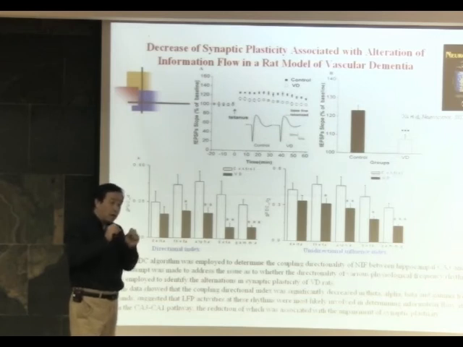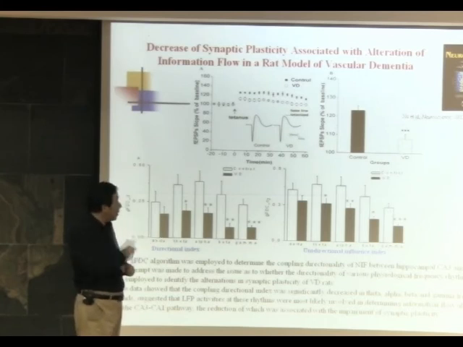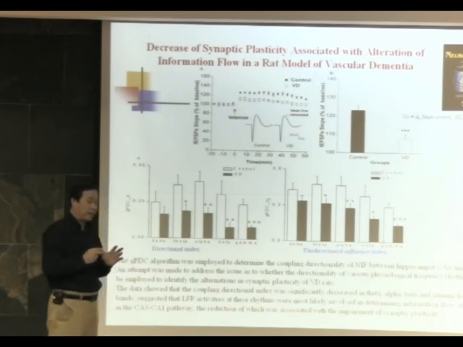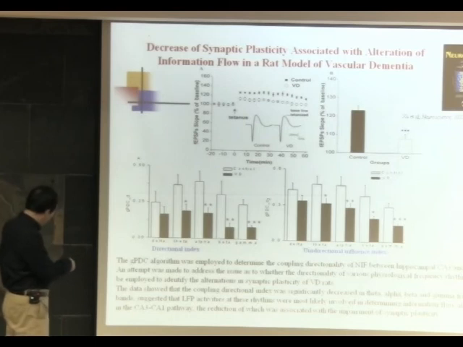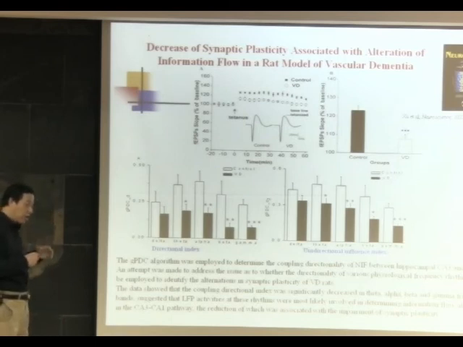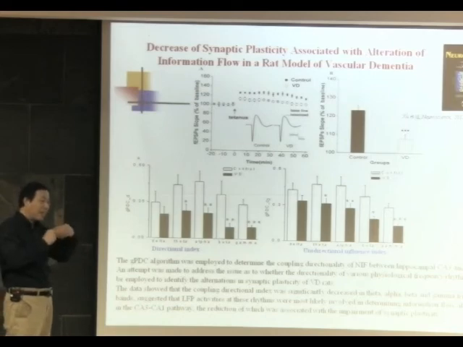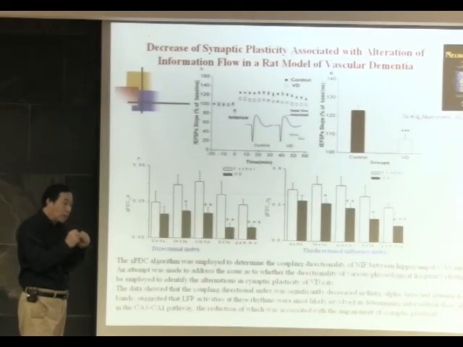Usually in neural systems the coupling between two systems should be weak, but in this case it is not. So we had to change the algorithm. We selected the GPDC, by which a medium or somewhat high coupling strength can be measured.